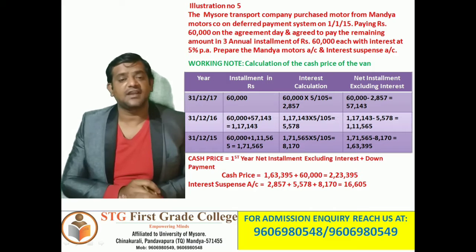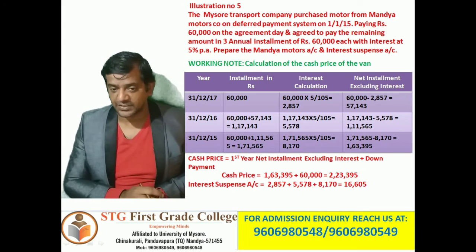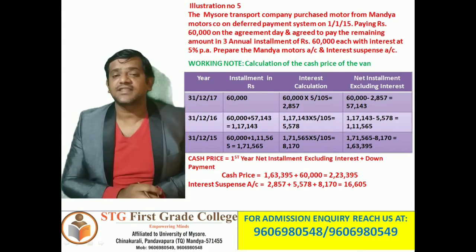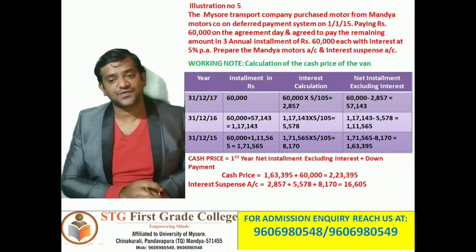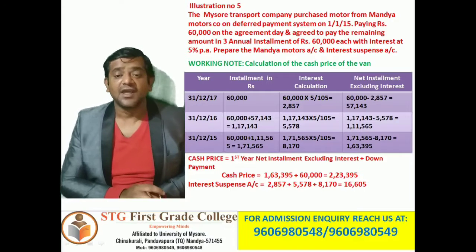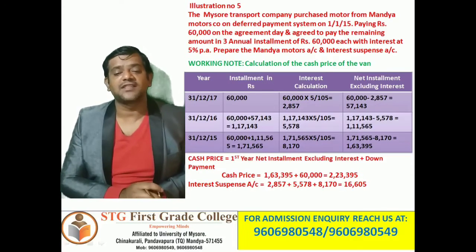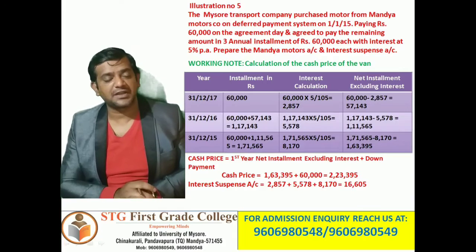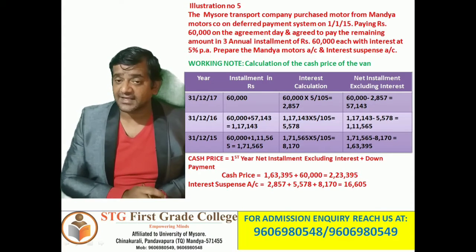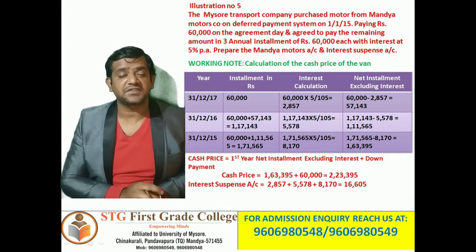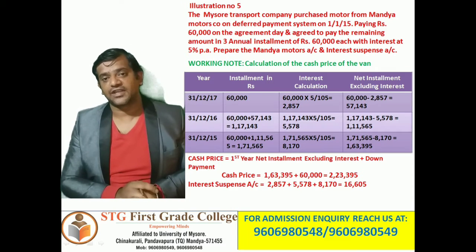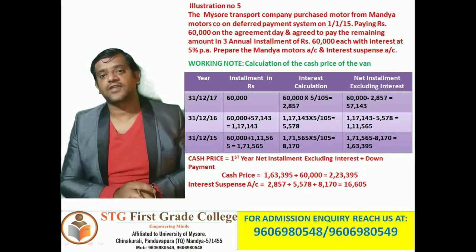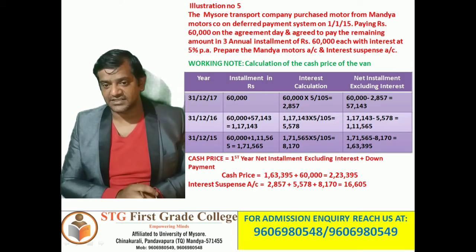Now let us calculate for the second year, 31/12/2016. 60,000 present year installment plus previous year net installment money, that is 57,143. Put together, 1,17,143. 1,17,143 into 5 divided by 105. So the interest comes to 5,578 rupees.